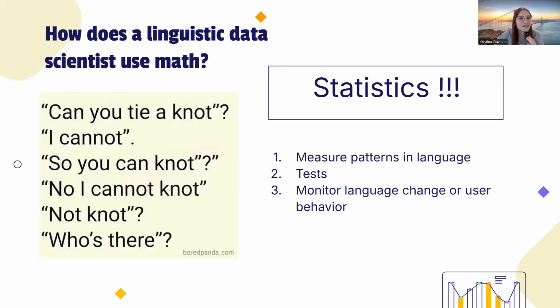How does a linguistic data scientist use math? The biggest thing they use is statistics. A lot of the time, linguistic data scientists will conduct research, and most of you know that whenever we are conducting research or even reading research papers, there's always statistics. So that's the big thing here.